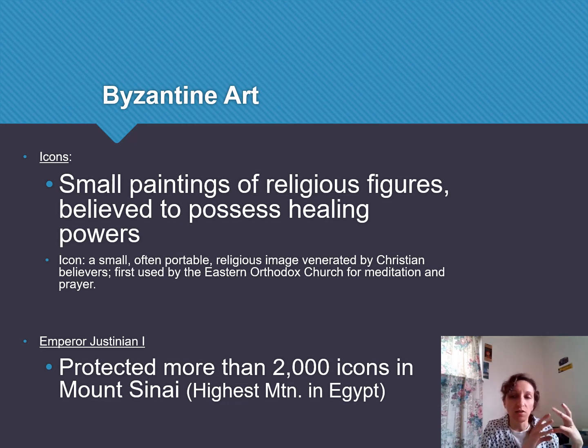This fear that believers would confuse these icons with spirituality or with the true belief or the true Christian ideals. I don't want to get too into it because it's not necessarily what this class is. This is not a religious studies class, but these objects are art objects that people were concerned about.